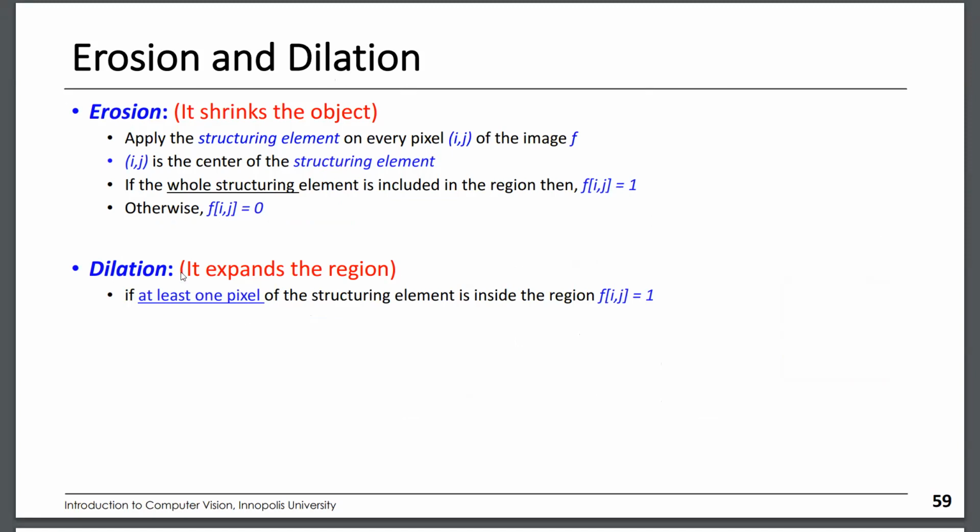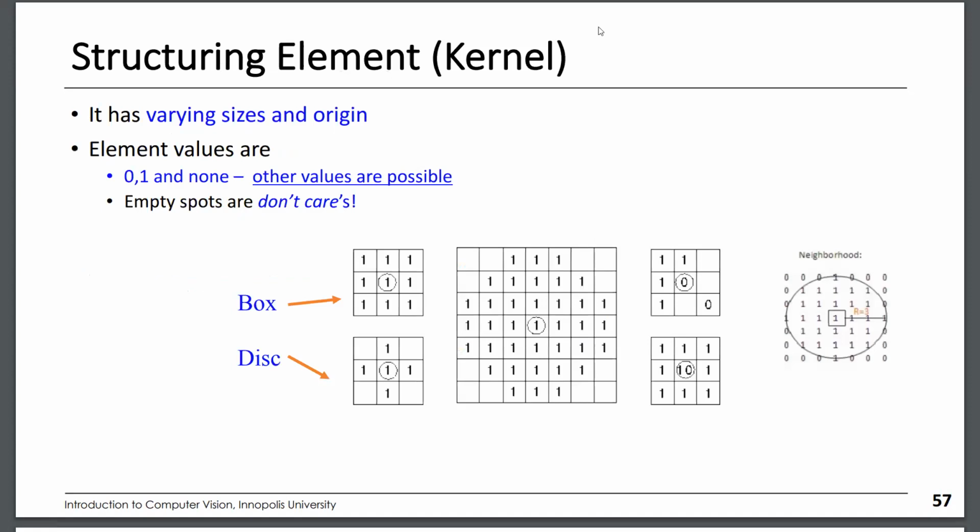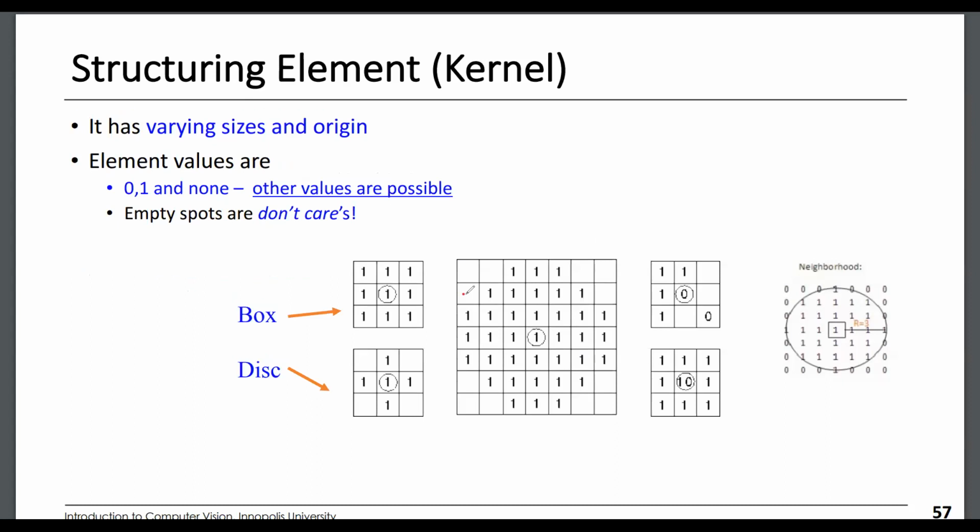Dilation is kind of the opposite. Basically it expands the region. If at least 1 pixel of the structuring element is inside the region, then we set its value to 1. So if we come back here, this point, what do we put in it? 1, yes. Why? Because it has here 1 structuring element component, 1 structuring element component, and 1 structuring element component.